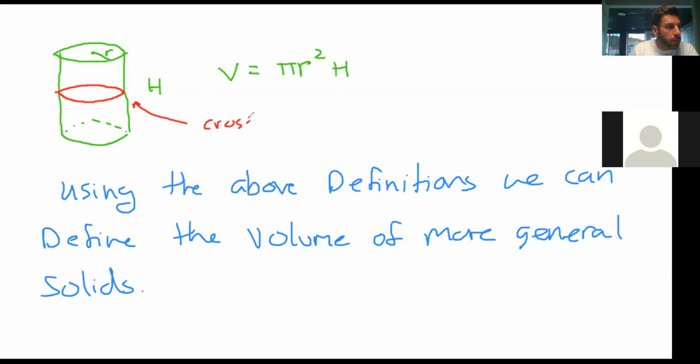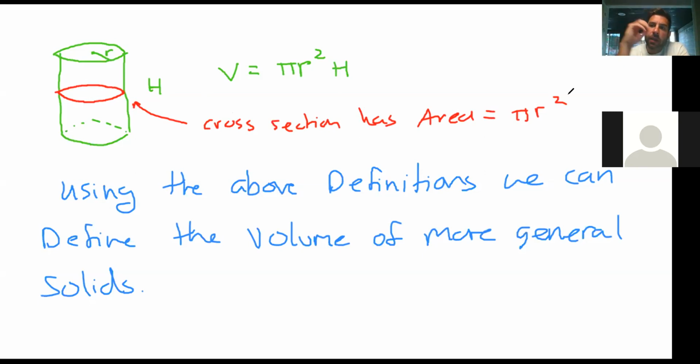So here the cross section has area pi r squared. What I'm getting at is we're trying to think about an object as being made up of, any solid is really just infinitely many two-dimensional objects placed together to create a solid.